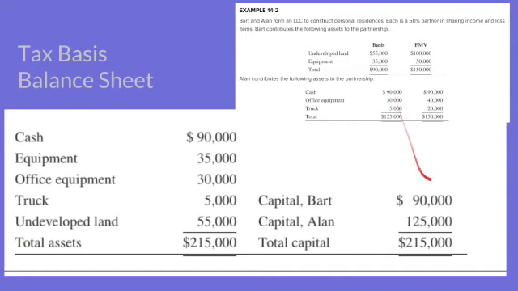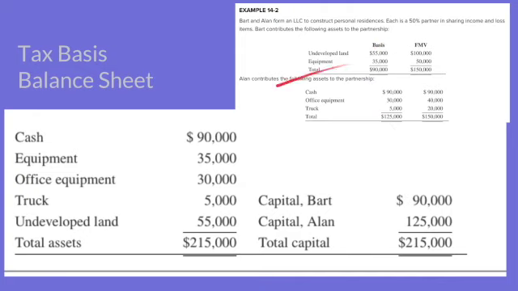Although the business itself is using the fair market value to calculate the basis for the partners, they then have a tax basis balance sheet, which is based on their depreciation numbers, which carry over from the partners.